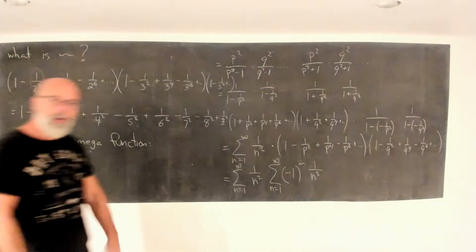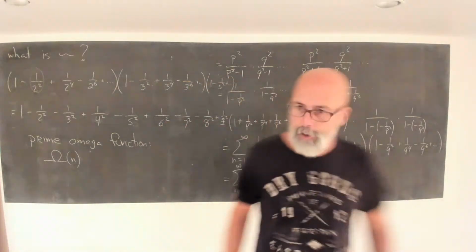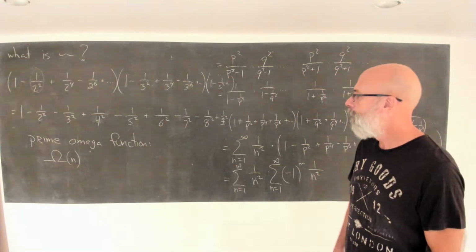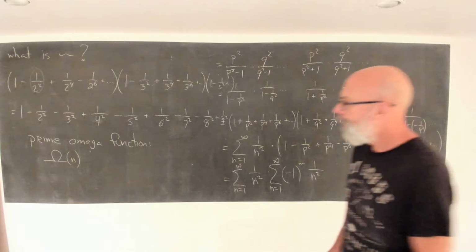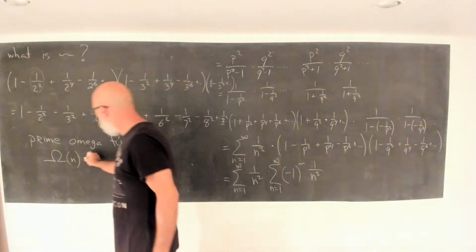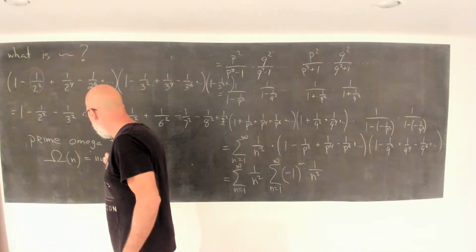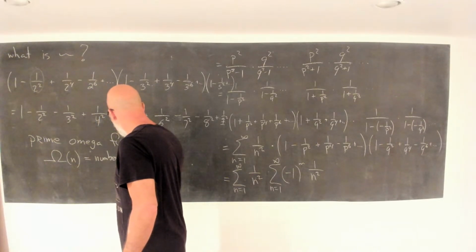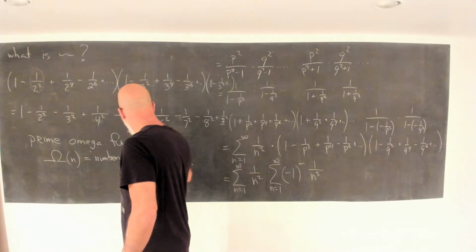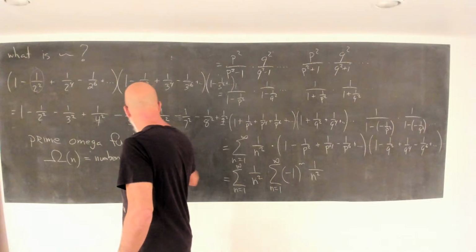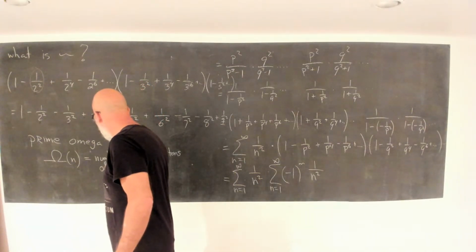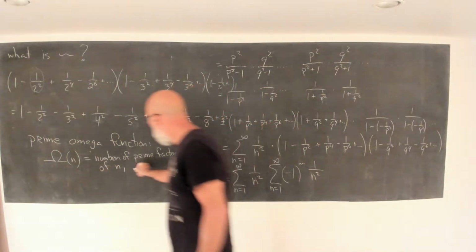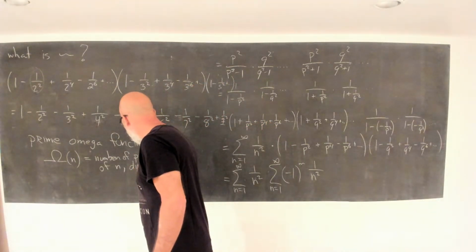Well, the big prime omega function, the capital Omega function, Omega of n gives you the number of prime factors of n, distinct or otherwise.